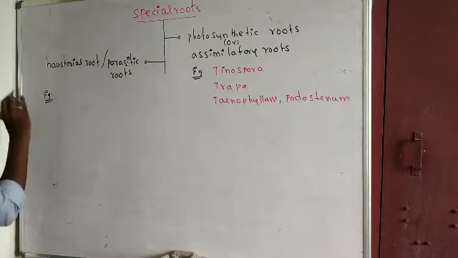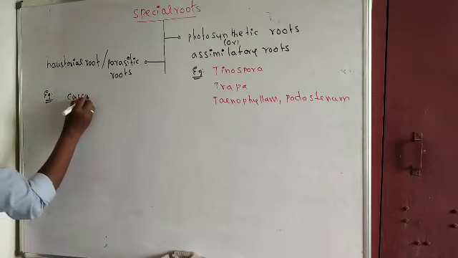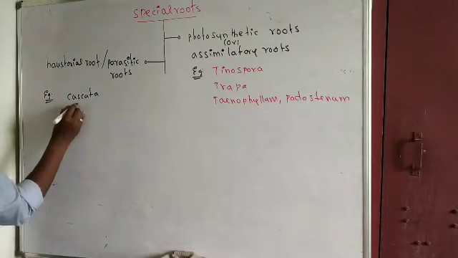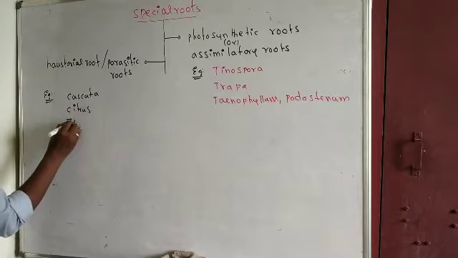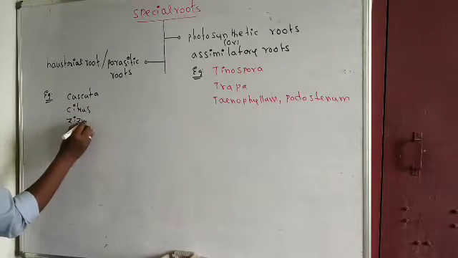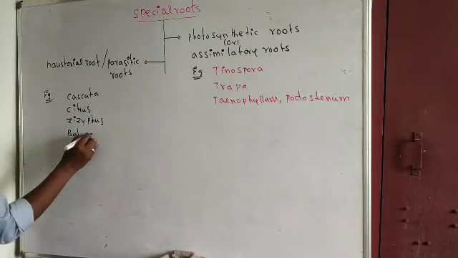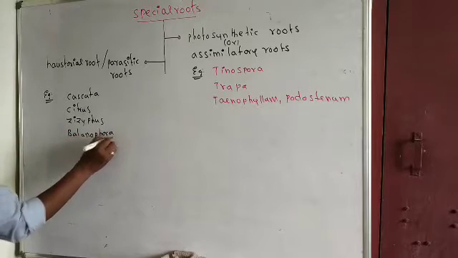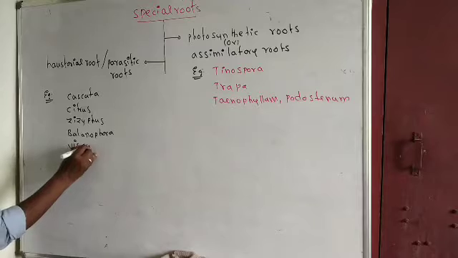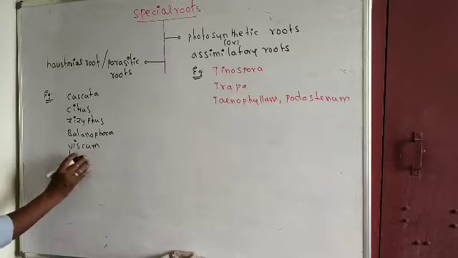Examples for the haustorial roots: Cuscuta, Cistanche, Ziziphus, Balanophora, Viscum, and Loranthus.